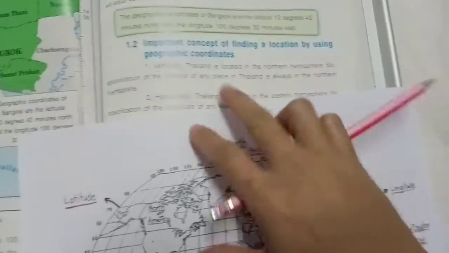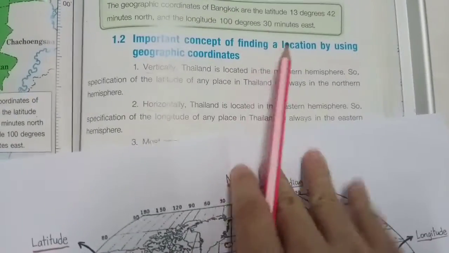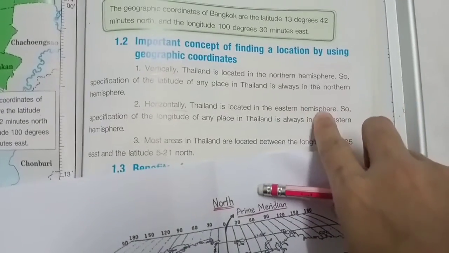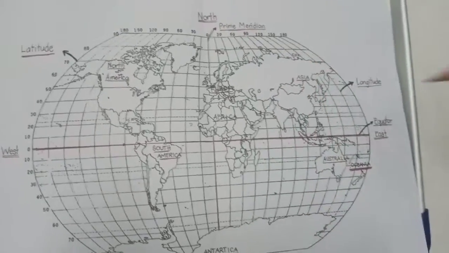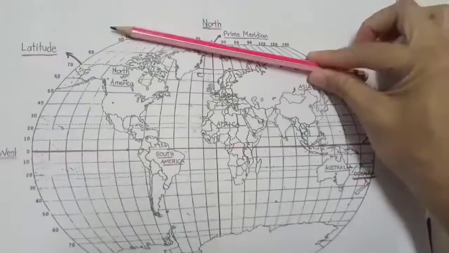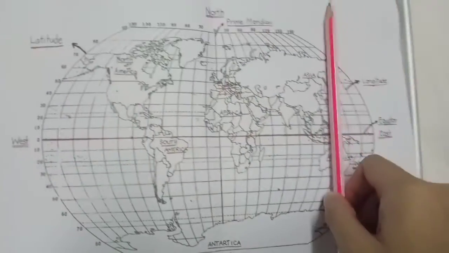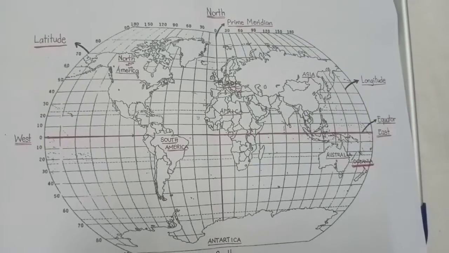So we have that in here in number 2. Horizontally, Thailand is located in the Eastern hemisphere. Eastern hemisphere here. Eastern, so we have north, we have south. So it's part of north. So we have west, we have east. So it's part of the east, northern hemisphere.